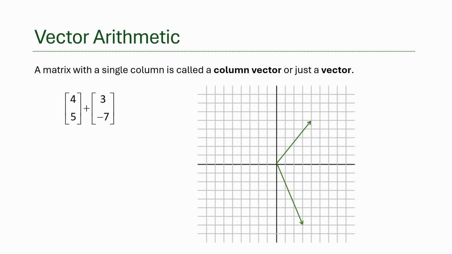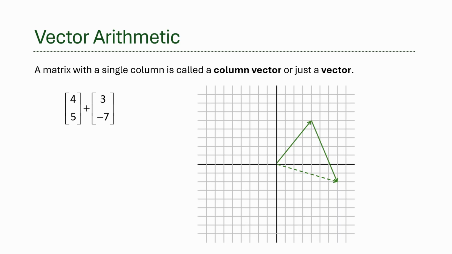Then from there, follow the second vector by going 3 units to the right and 7 units down. Now we can represent this by relocating the second vector so that its starting point is at the endpoint of the first vector. And we'll define the sum of the two vectors to be a new vector that goes from the origin of the first vector to the endpoint of the second one. In other words, one that follows this path.